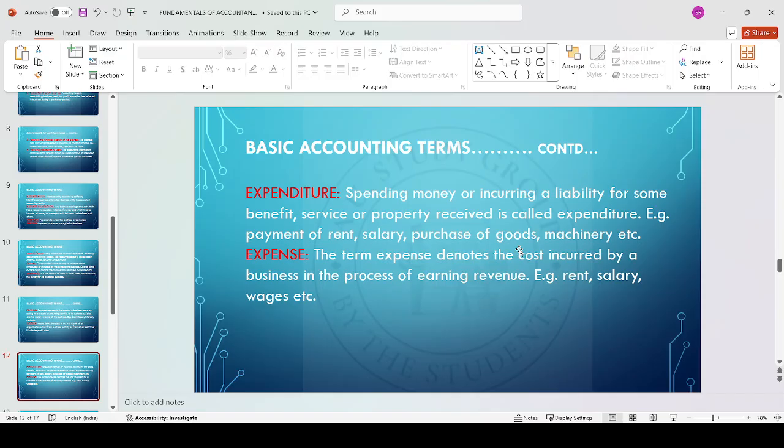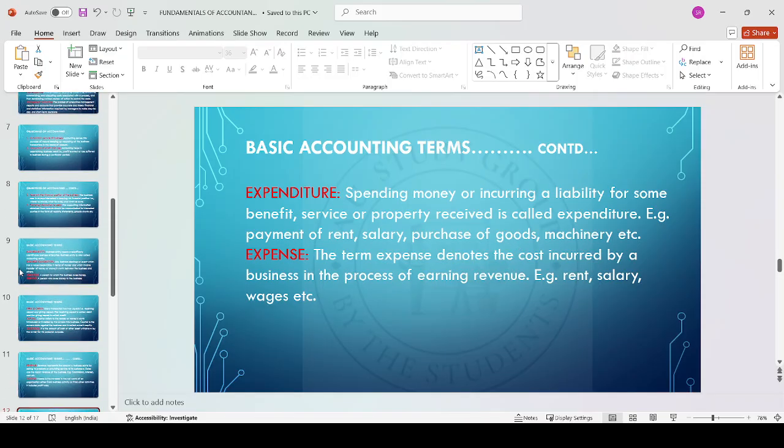Expenditure is a broader term. For example, if I am buying machinery, that is an expenditure, but that doesn't fall under expense. Expense is an expense on day-to-day activity. Okay, let's go on to other terms.